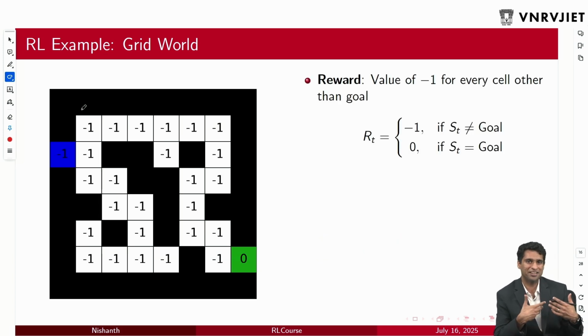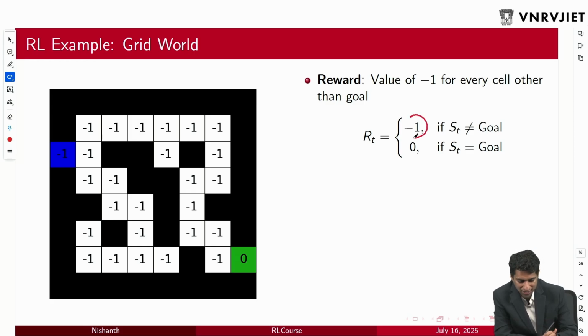So now let's define rewards, right? If we assume the robot to have some battery inside, the longer the robot keeps moving around in the environment, the more the battery gets discharged. So to show such a behavior, we can define a reward function such that as long as the current state of the robot is not the goal state, it will keep receiving a reward of -1, which indicates its battery is discharging.